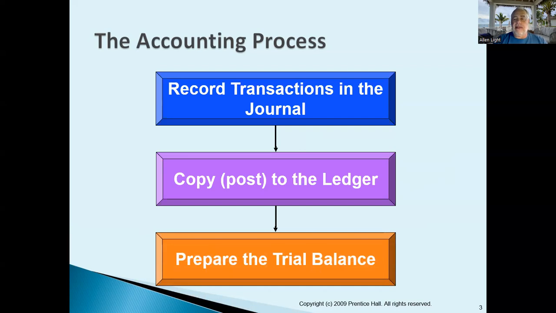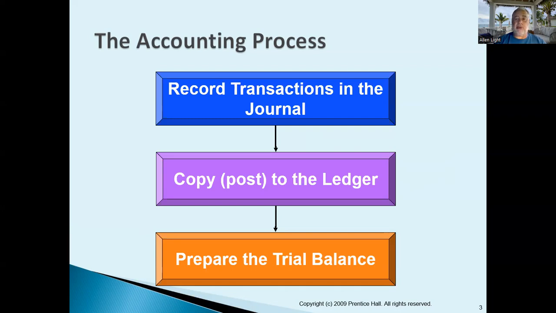Once we get to the end of the accounting period, usually they do this at the end of a month or a quarter or a year, then you're going to do what we call a trial balance. And it's just as the name implies. Remember, we talked about the accounting equation: assets equal liabilities plus owner's equity.